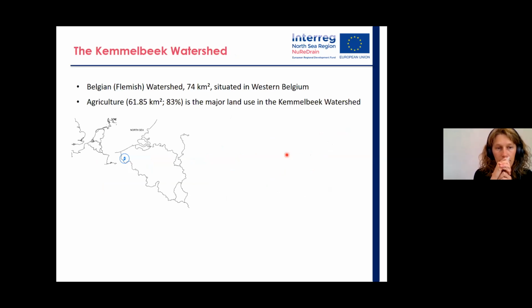First, I'd like to introduce you to the Kemmelbeek watershed, our study site of interest for the P reduction modeling. The watershed is a Belgian watershed in the Flemish part of Belgium. It is approximately 74 square kilometers big and situated in Western Belgium, as you can see here.